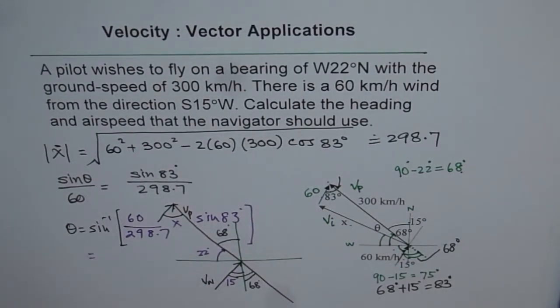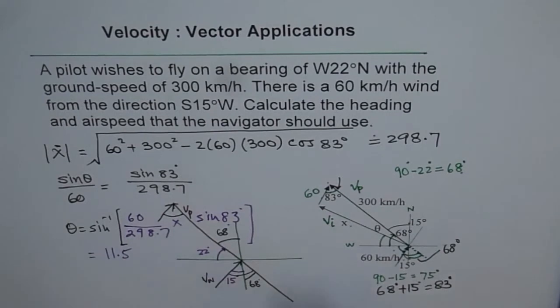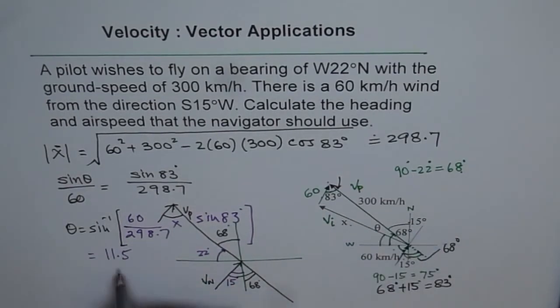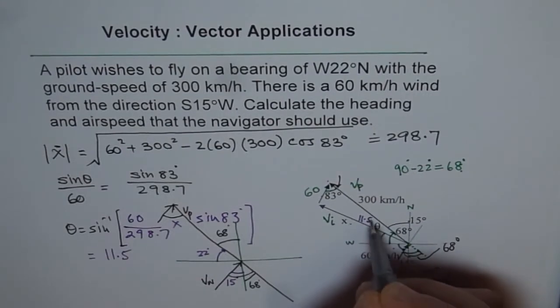So we have second function, sine inverse of, within bracket, 60 sine of 83 divided by 298.7, bracket close, and we get our result, 11.5. So this angle theta is calculated as 11.5. So this is 11.5, right?